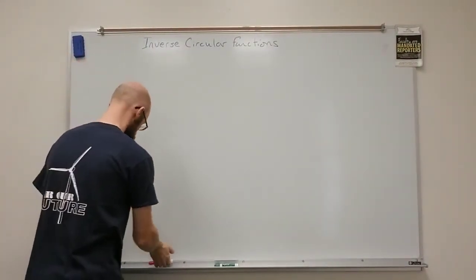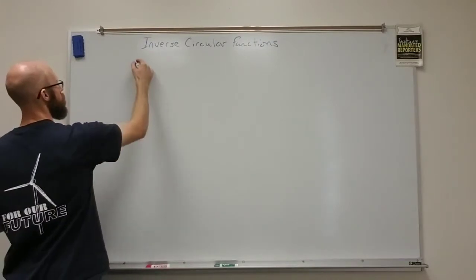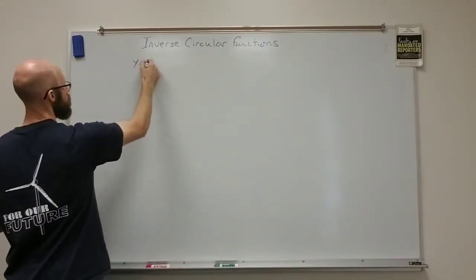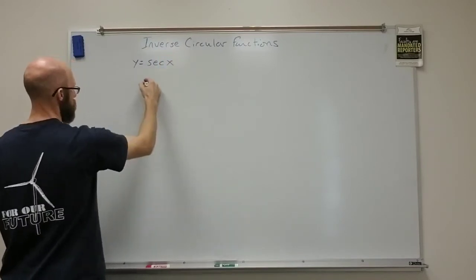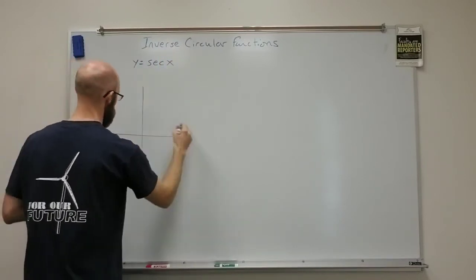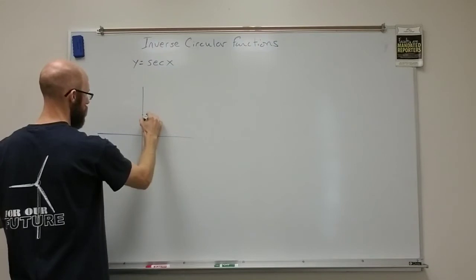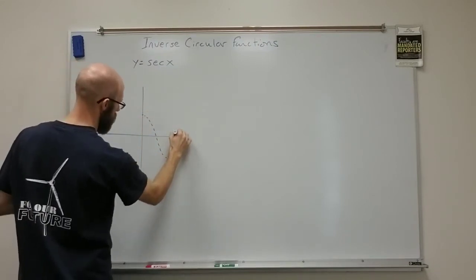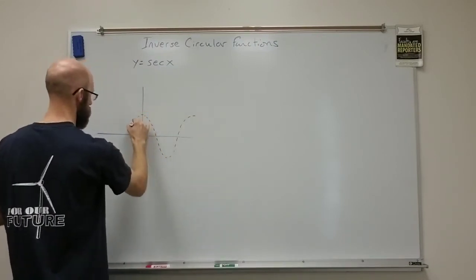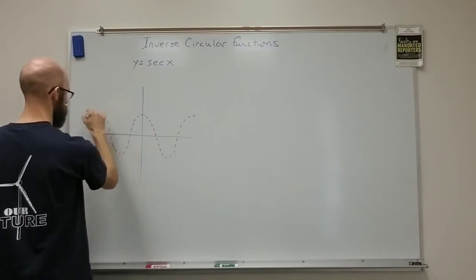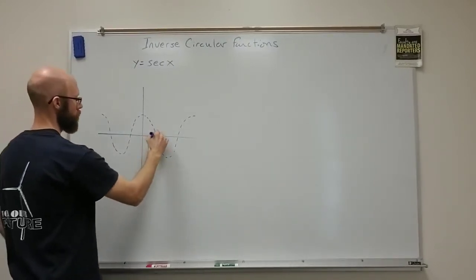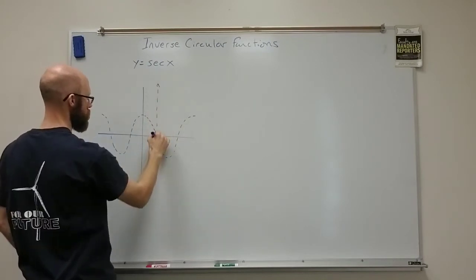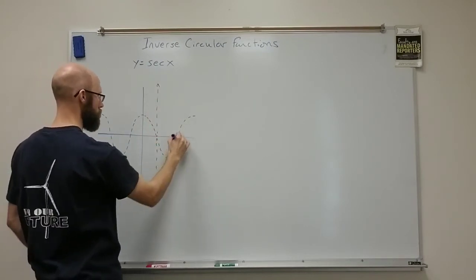If I were to give you just a real quick sketch using the cosine, remember that the cosine starts up at 1, dips down, comes back up, down, and up. So there's a cosine, then you have your vertical asymptotes for the secant wherever there's an x-intercept for the cosine.